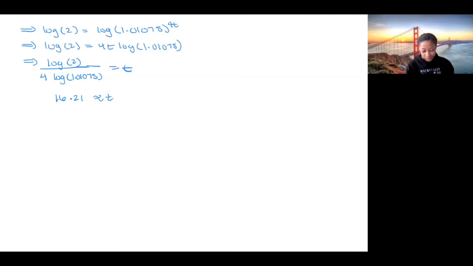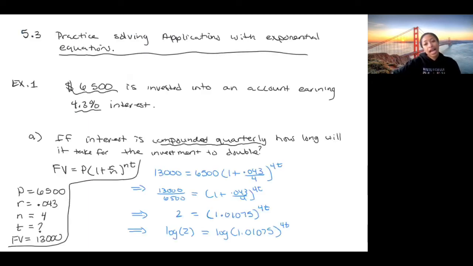All right. Now remember, with word problems like this, you always want to write your final answer as a sentence. What were we talking about 10 steps ago when we started this problem? What was our original question? I'm going to go back to the first page. We're asking, how long will it take to double the investment if our interest is compounded quarterly? So this is telling us our answer was about 16.21.